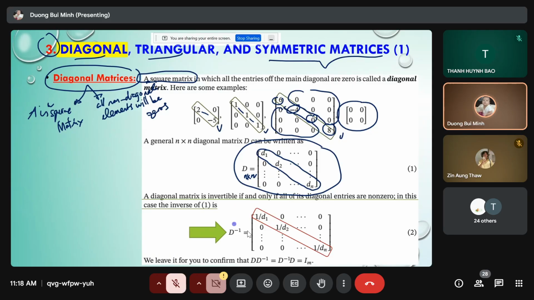We can get the inverse of the diagonal matrix by taking the inverse of every diagonal element. So if we know D1, we just take 1 over D1, 1 over D2, and so on up to 1 over Dn. Take the inverse of the diagonal elements, and you get the inverse of the diagonal matrix.